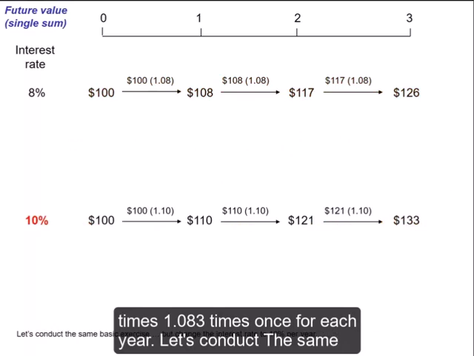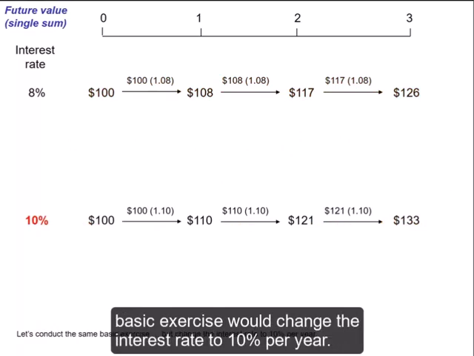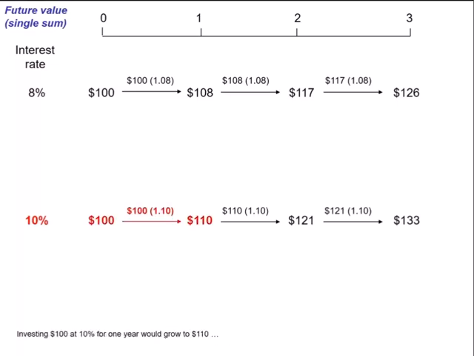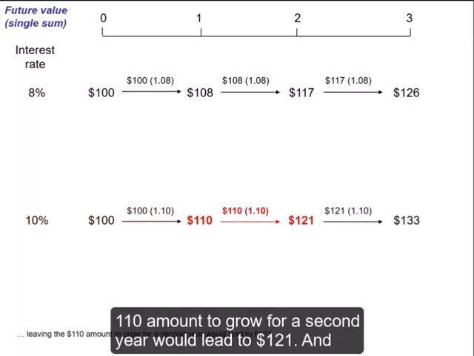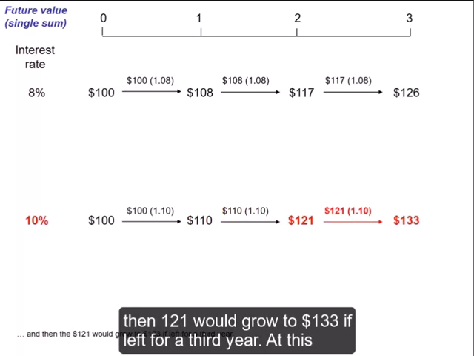Let's conduct the same basic exercise, but change the interest rate to 10% per year. Investing $100 at 10% for 1 year would grow to $110. Leaving the 110 to grow for a second year would lead to $121. And then the 121 would grow to $133 if left for a third year.